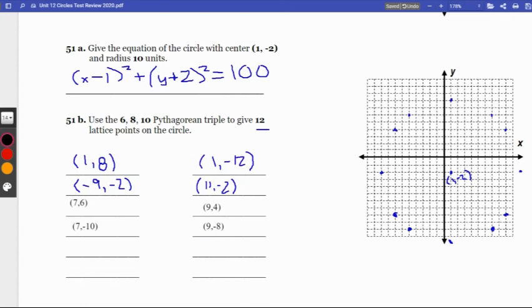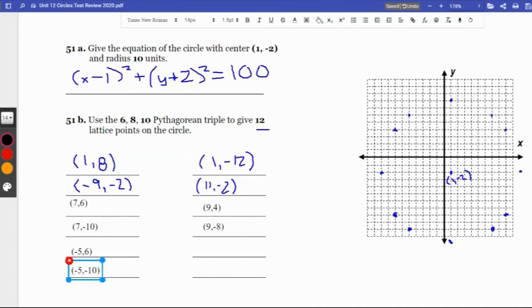Now I've got to subtract from the x and y values. So 1 minus 6 gives me -5. Or -5, -10. So that's these 2 points down here.